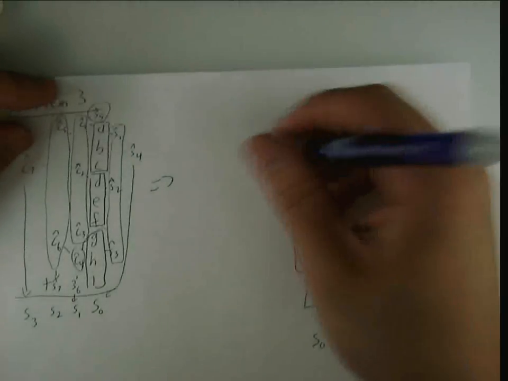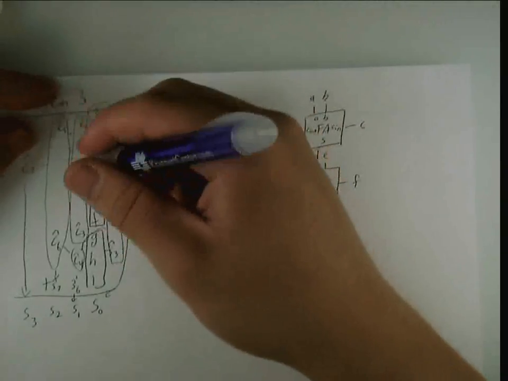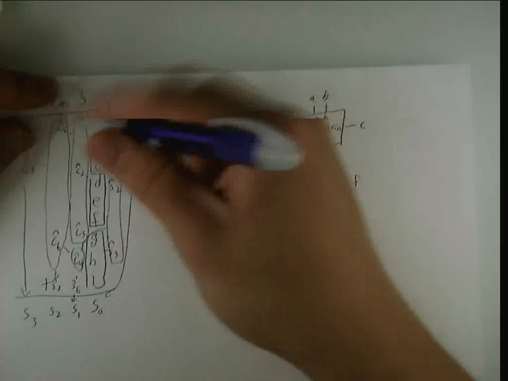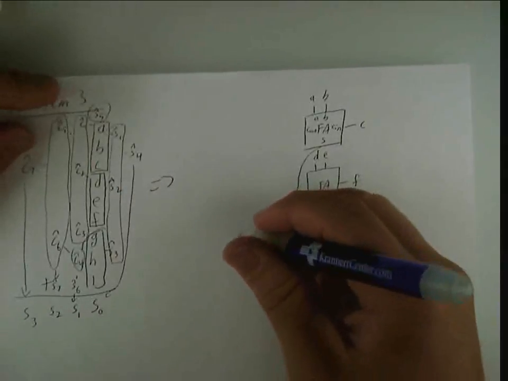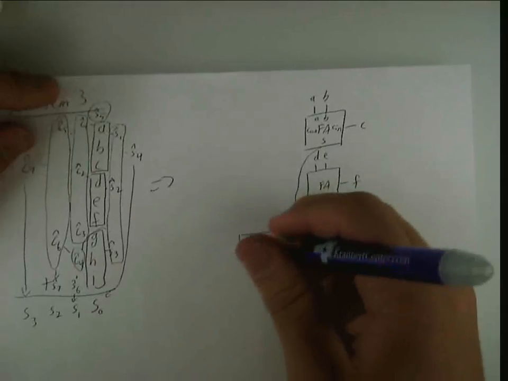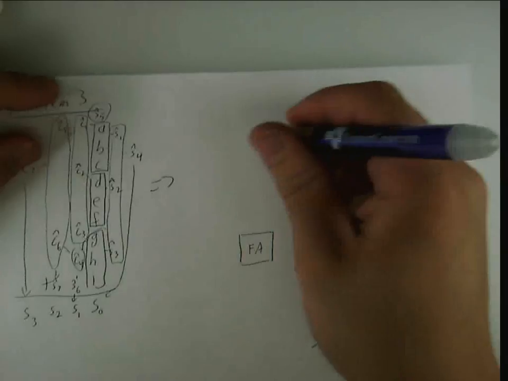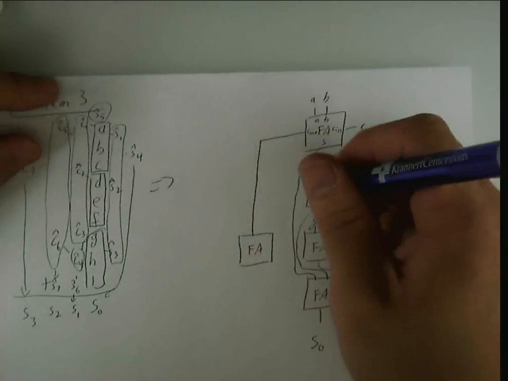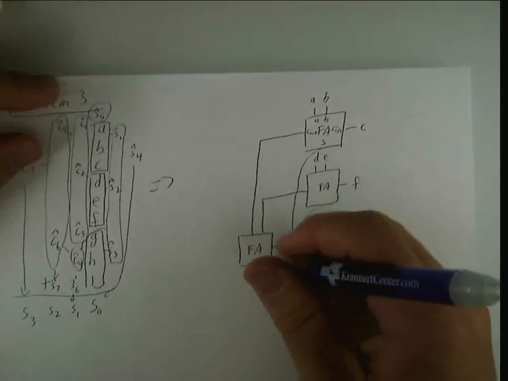And now each of these carryout bits, these top three, C1 hat, C2 hat, C3 hat, are going into another full adder. So I'm going to put a full adder here. So this one goes here. This one goes here. This one goes here.